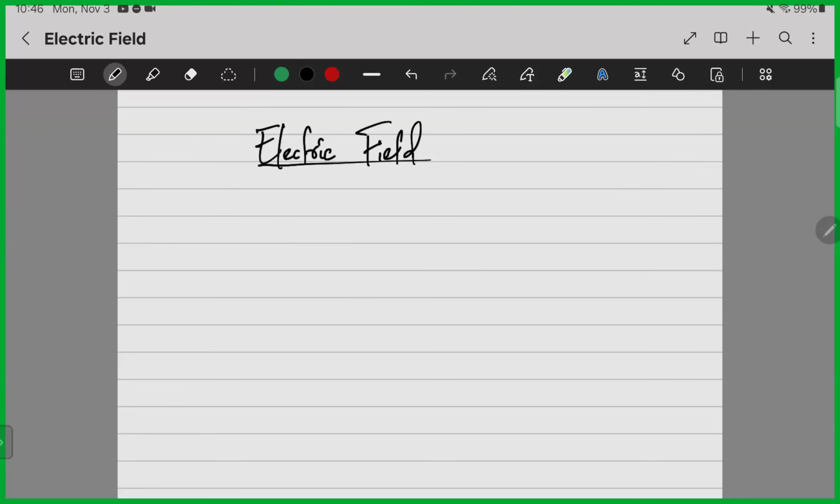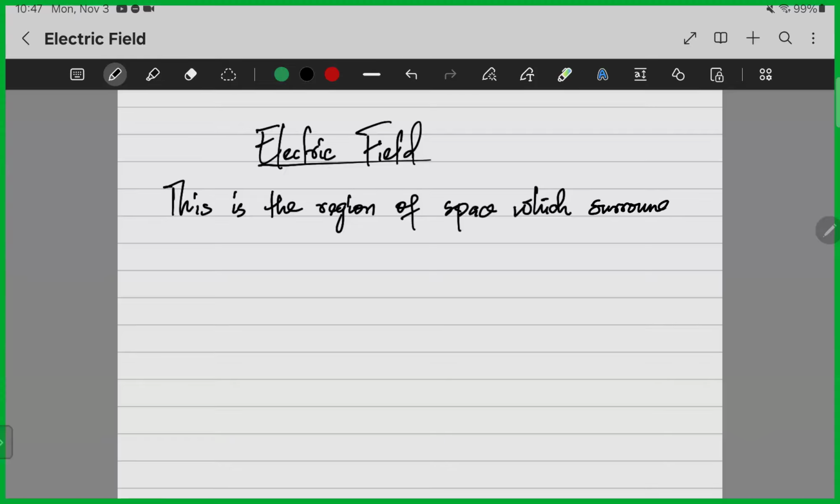Electric field. I'm going to quickly define that as the region of space which surrounds a system of electric charges.